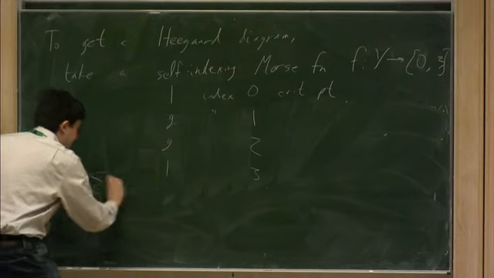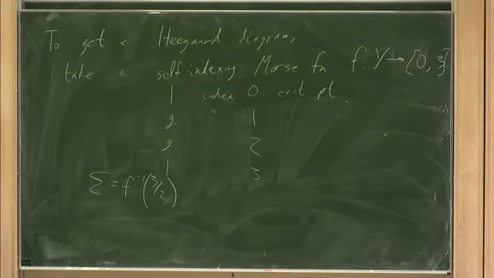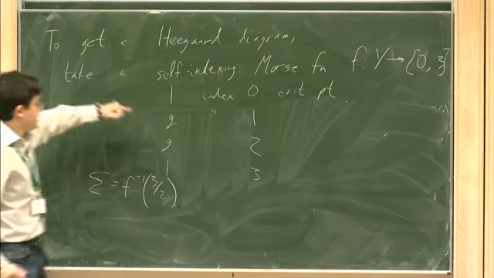Okay, and then we're going to take sigma to be f inverse of 3/2, which is going to be the level set in between the index 1 and the index 2 critical points.